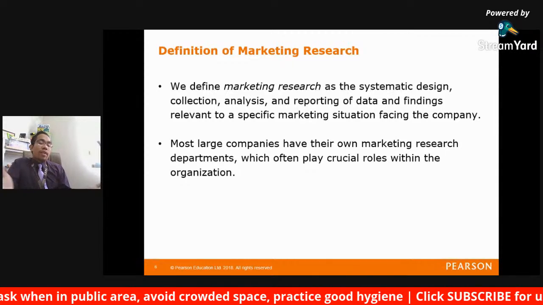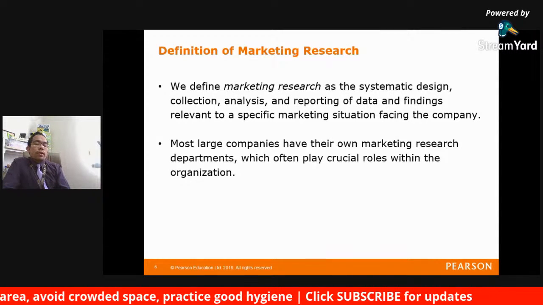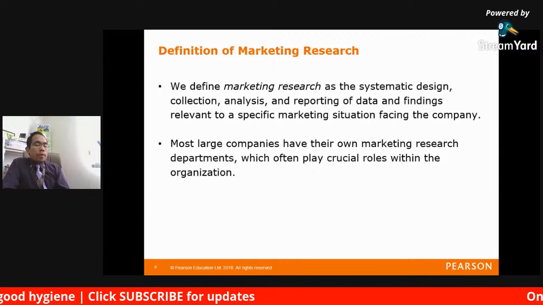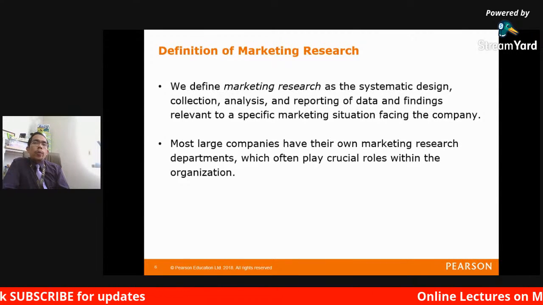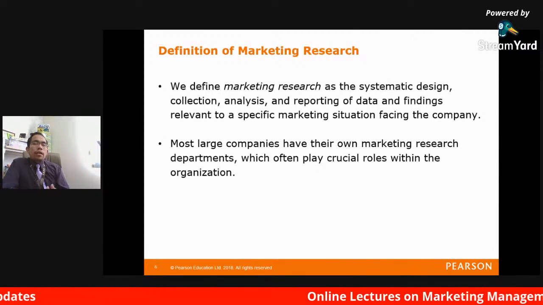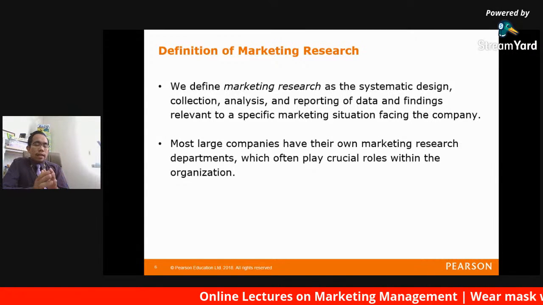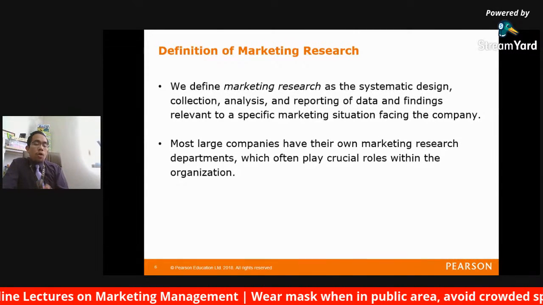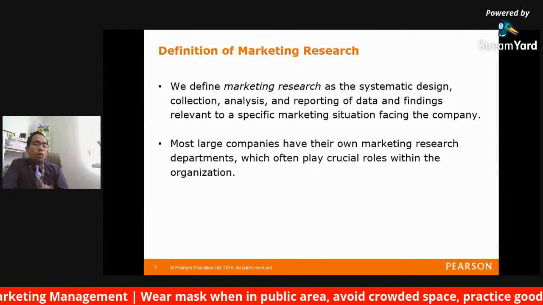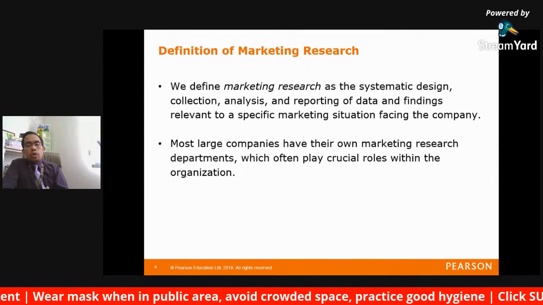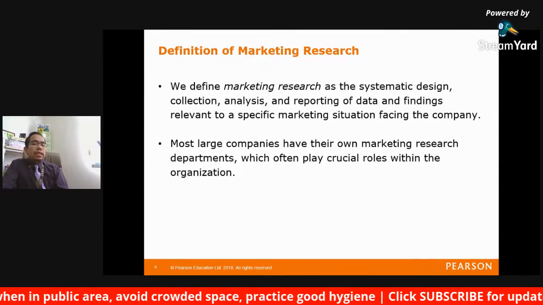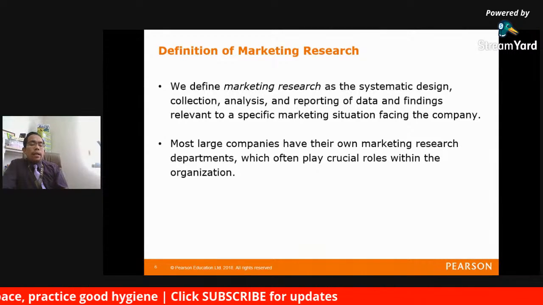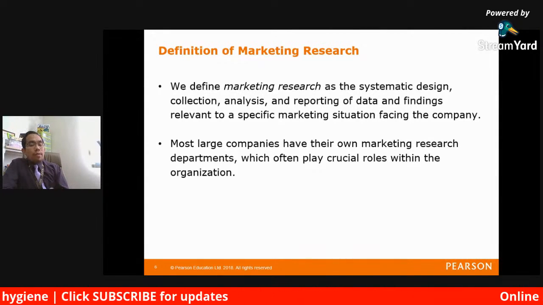So marketing research, what is it? Can we do simple research? Yes, we can. But as a so-called research, you should have the process, where it has its own steps.